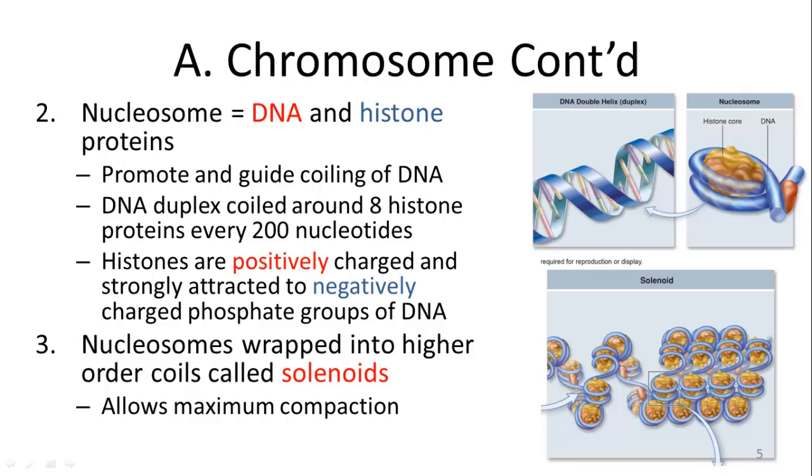These are then wrapped into higher order organizations or coils called solenoids, and this allows for maximum compaction. So the DNA wraps around the histones. Those nucleosomes then also interact together, and they form the higher order solenoids.